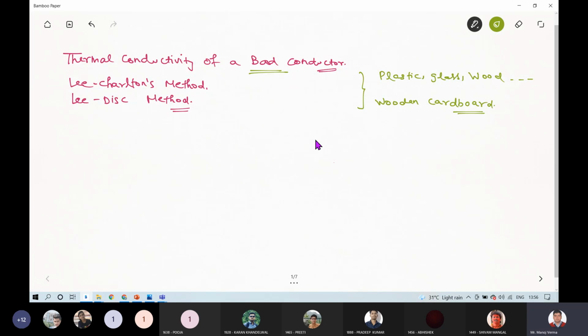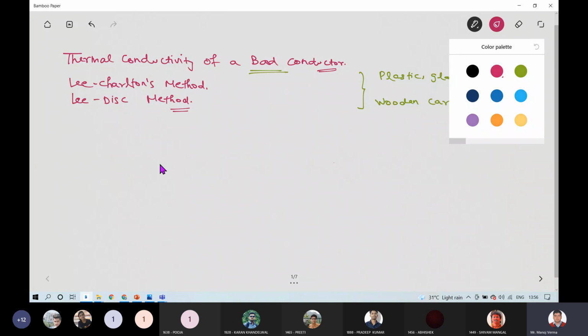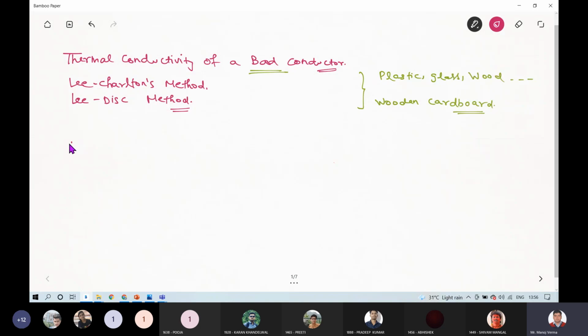In the last class also, I have given you the definition of thermal conductivity, and we have seen that the magnitude of thermal conductivity, that is K, will be high for good conductors and K will be low for bad conductors.